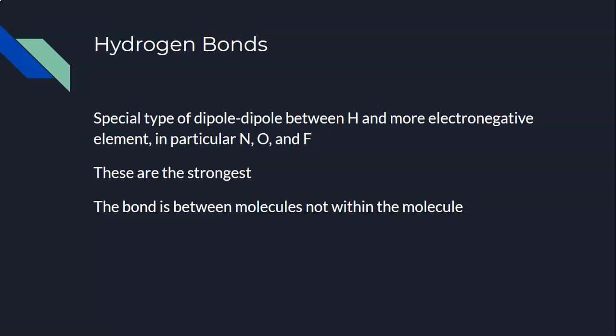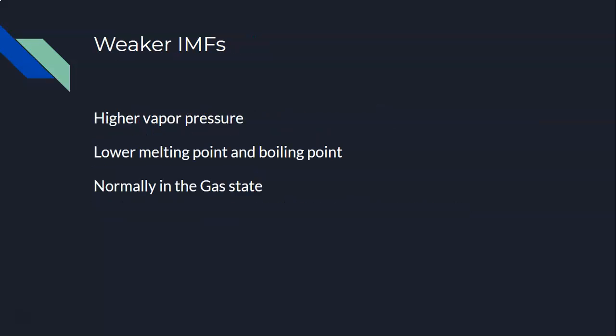And remember, this is between molecules, so molecule to molecule, not inside the molecule. If I had a water molecule, I'd be talking about the fact that the hydrogen bond is between the hydrogen side of one water molecule and the oxygen side of another water molecule, not the hydrogen and oxygen in that one molecule.